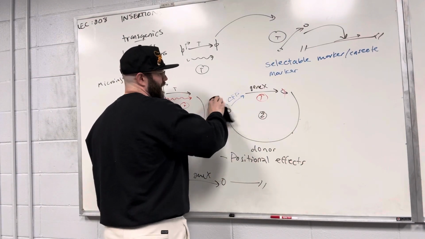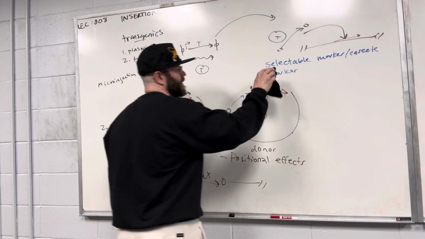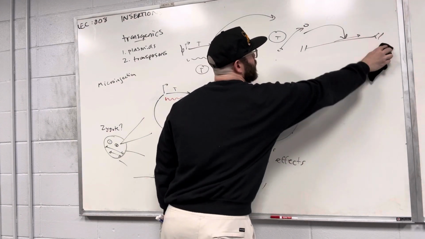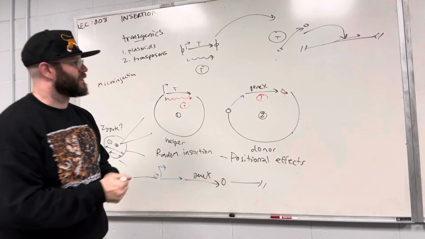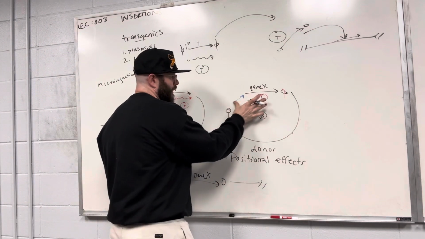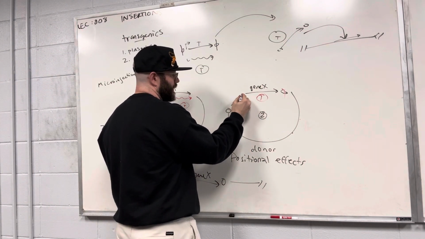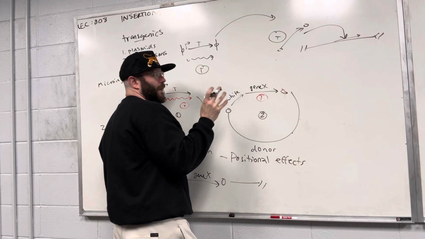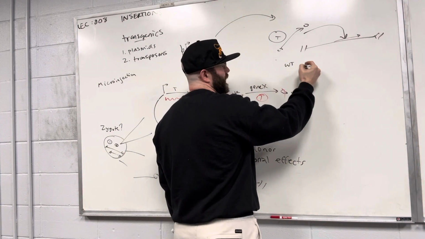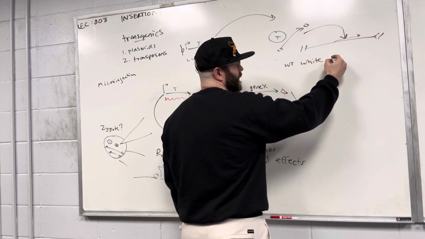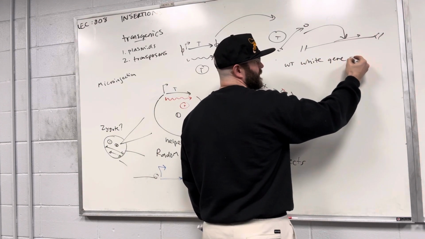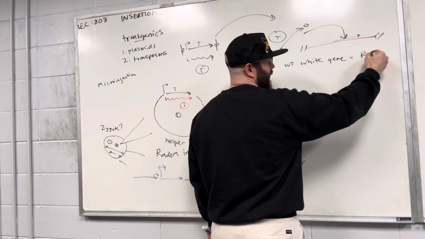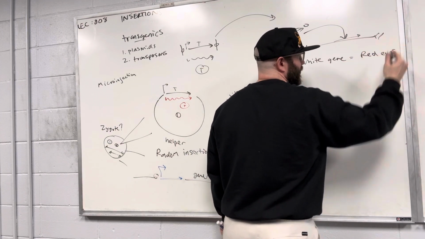Another common thing to have in Drosophila, so I'll show you how they do it in Drosophila. So in Drosophila, there's a gene called white, okay? And the wild type white gene, the phenotype is red eyes, okay?